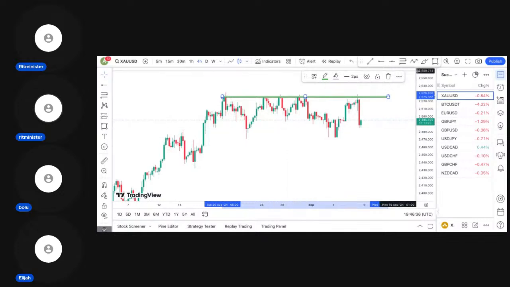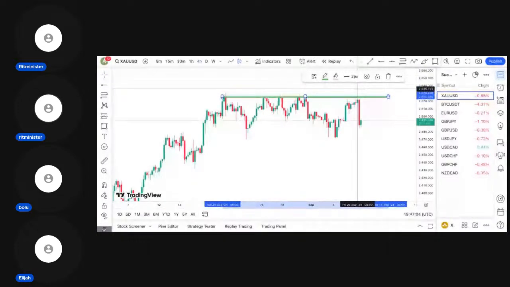Then another thing, the way I caught this trade today. I did not follow the buy. The reason is that once I saw this resistance close to it, there's no room for the trade to move easily, except the price takes out this resistance and closes above before I will look for a buy.